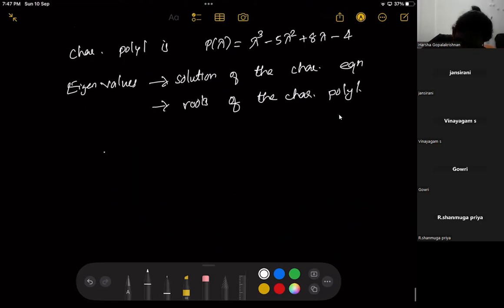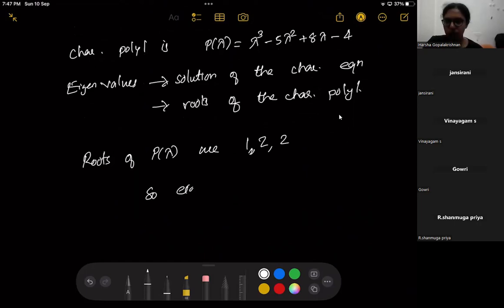So the roots of p of lambda are 1, 2, 2. So the eigenvalues are 1 and 2, where 2 is repeated 2 times and 1 once.